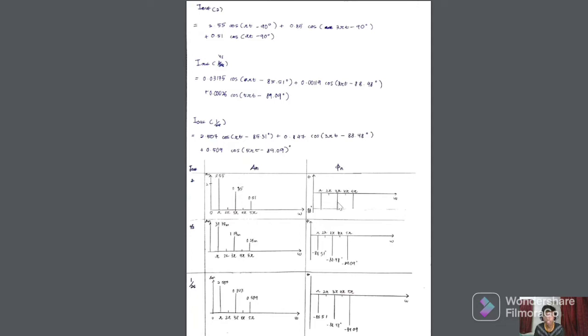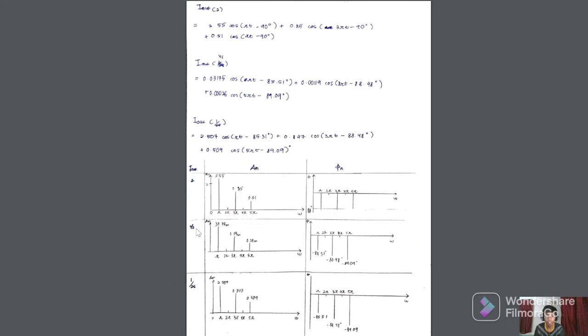So for the phase, when n equal to 1, 3 and 5 we got negative 90 degree.